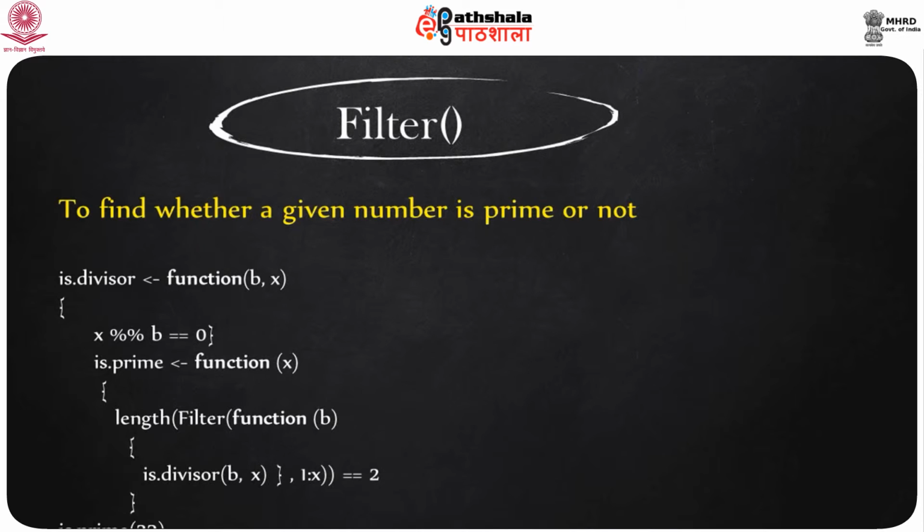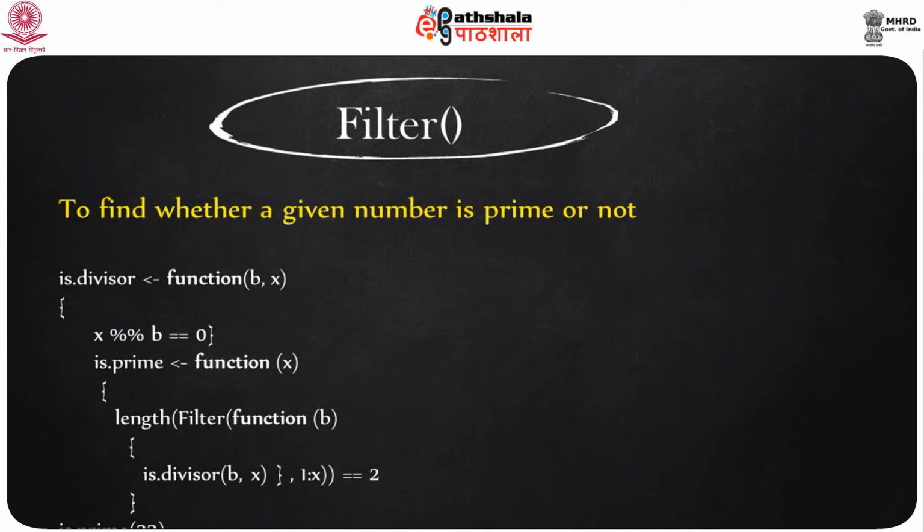Among these, if for only 2 of the cases the remainder is 0, that is for 1 and the number itself, then we will consider that number as prime, and else not. This is how we can get 23 as a prime number, as is given here.